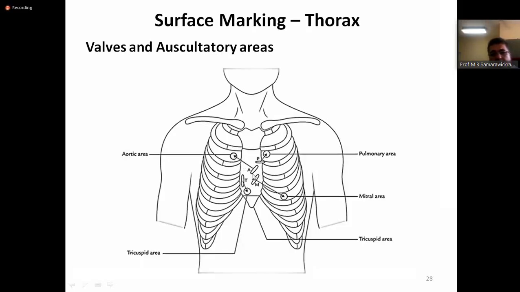Pulmonary valve closure you hear in the second intercostal space, just lateral to the sternum, right? Then tricuspid, you hear over the sternum at the level of the sixth costal cartilage, and the mitral valve sounds you hear at the apex, right? So these are the places you have to keep your stethoscope to listen to the heart sounds.